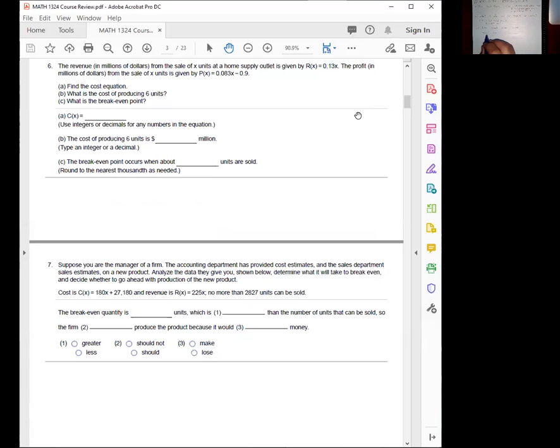So revenue is 0.13x equal to cost, which is 0.047x plus 0.9. To solve for x, I'm going to move this x over here. So that'd be 0.13 minus 0.047, which gives us 0.083. So this is 0.083x equal to 0.9. Divide both sides by 0.083, right?